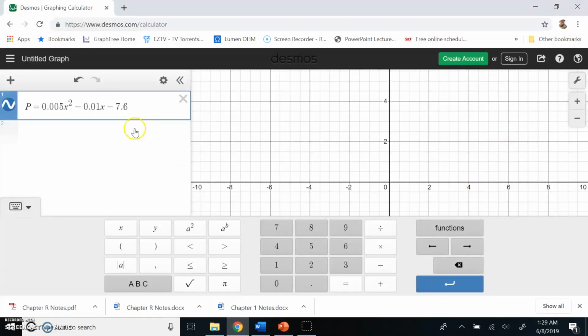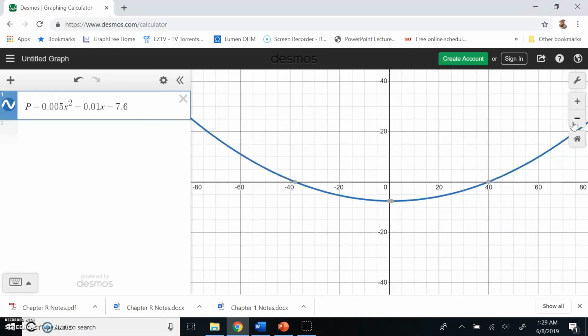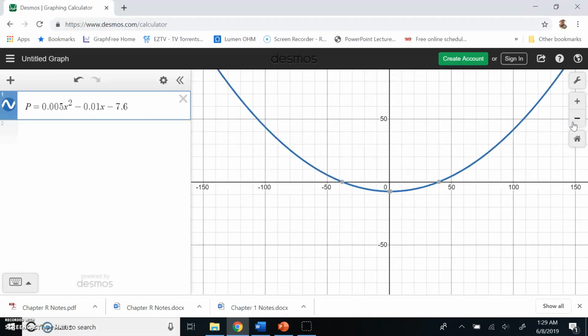Once you have that, you want to zoom out. When you zoom out, your solutions are going to be where the graph crosses the x-axis. There are two points where the graph crosses the x-axis, negative 38 and positive 40. Now, a person's age can't be negative. A person can't be negative 38 years old. So the only possible solution is x equal to 40.